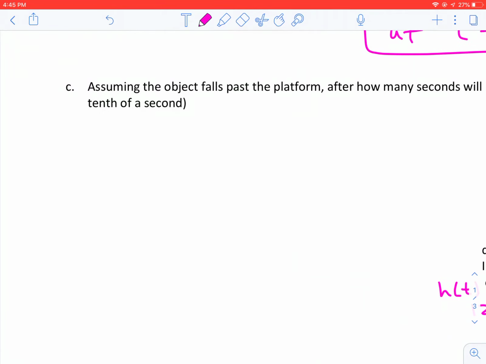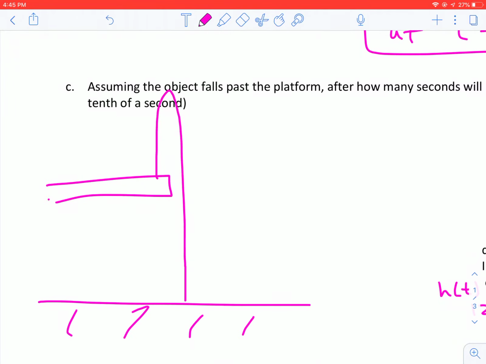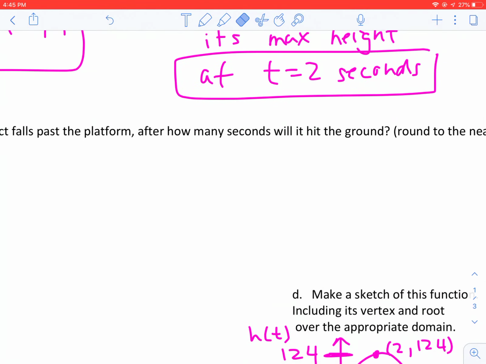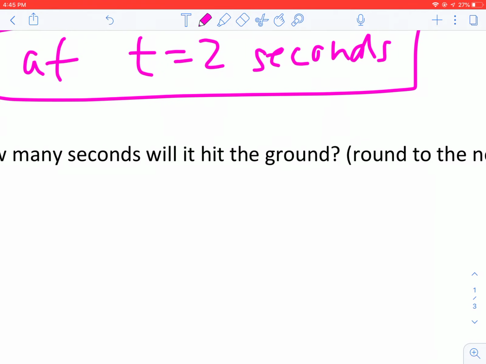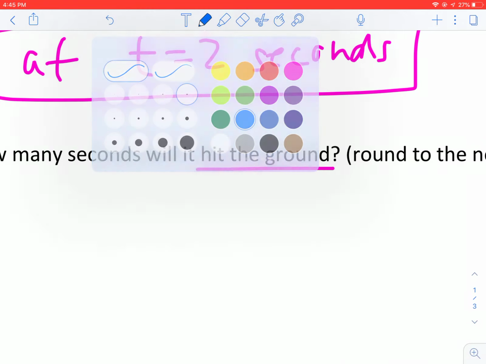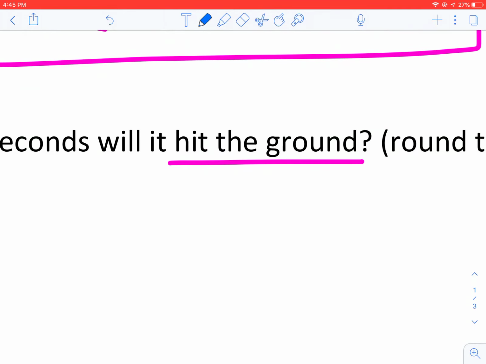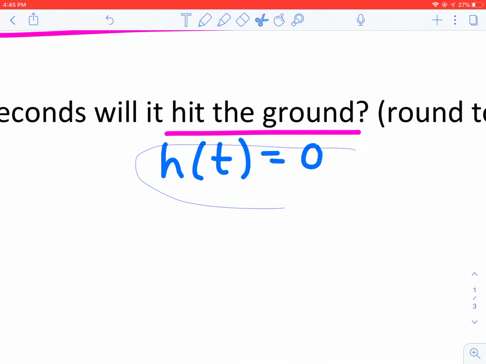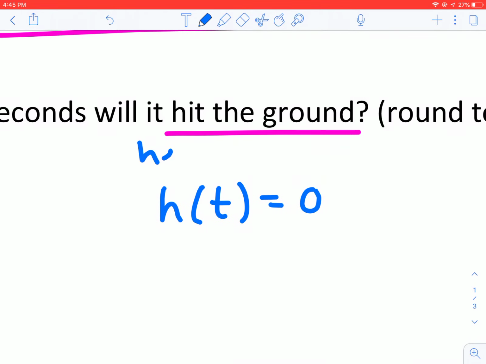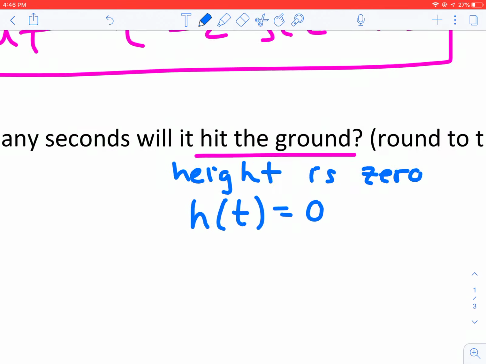All right, so the scenario here is we have this object that's on some platform. It's been thrown up, it's going to come down, but it's going to miss the platform on the way down, and it's going to hit the ground here. So when is it going to hit the ground, after how many seconds? Whenever we have this question, that is talking about the zeros or the x-intercepts, because when something hits the ground, the height is 0, which means h of t is equal to 0.